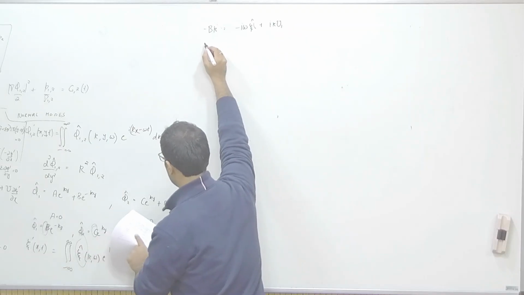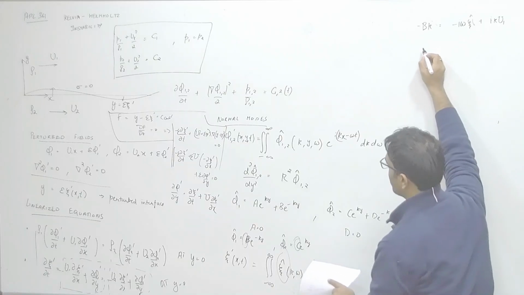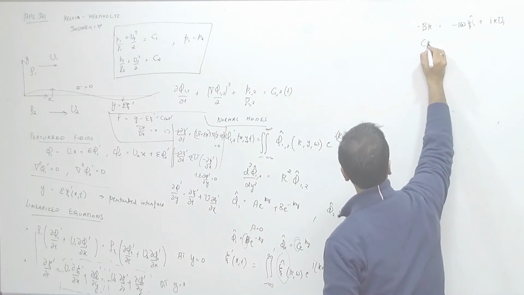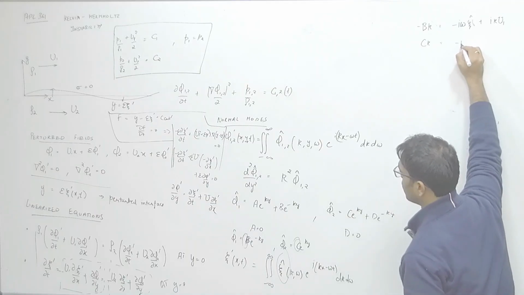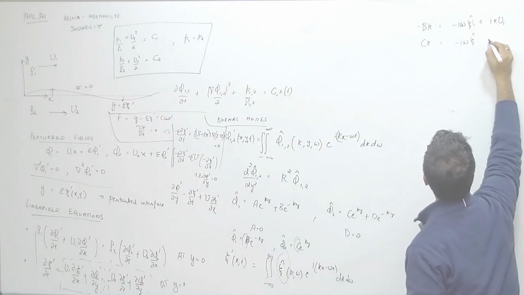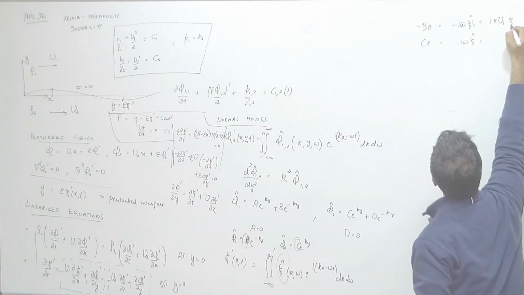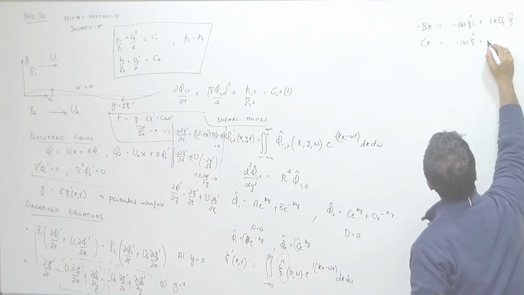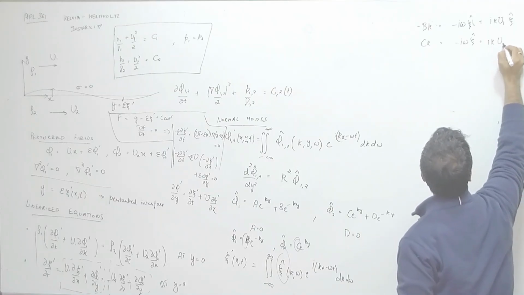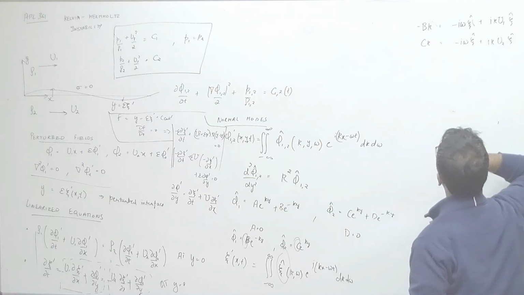And then from here, we will get ck equals minus I omega c hat plus here also we'll have c hat, and then a plus of I k u2 c hat.